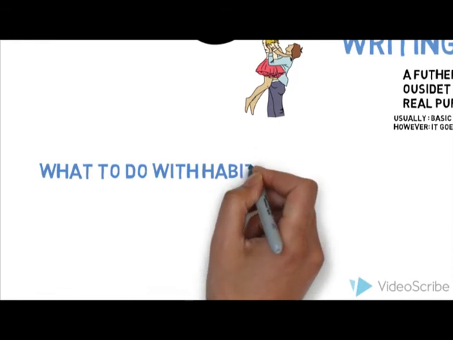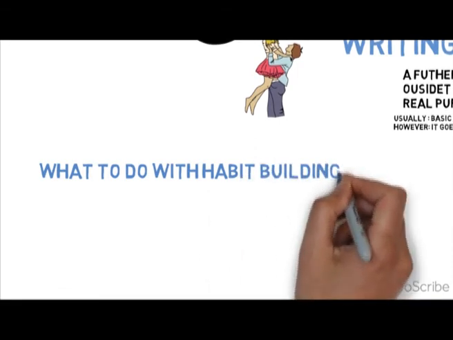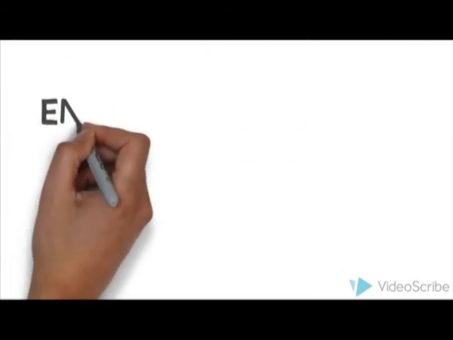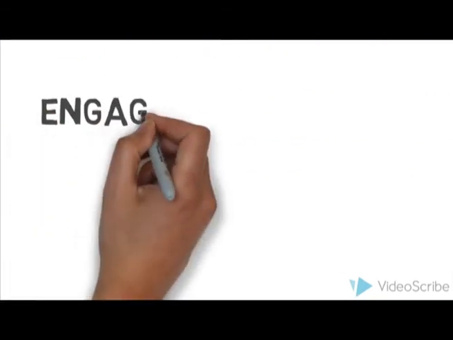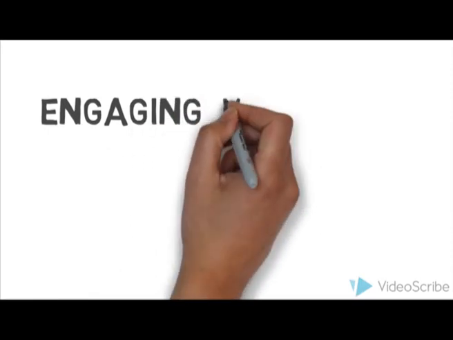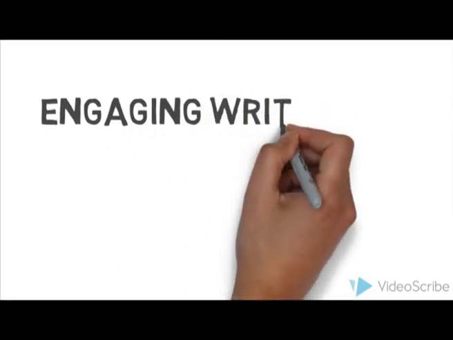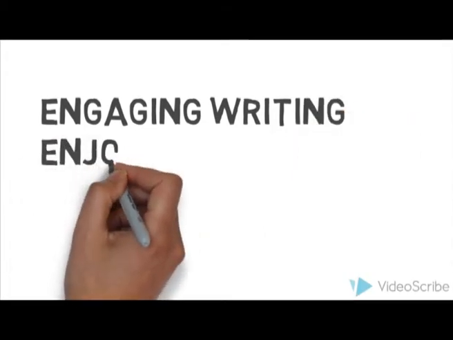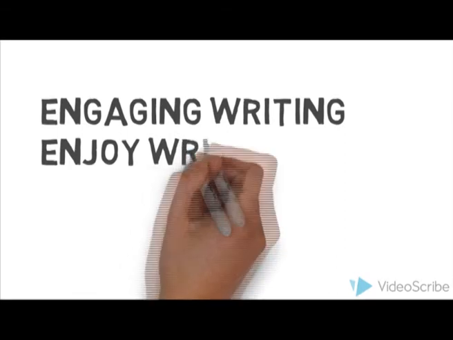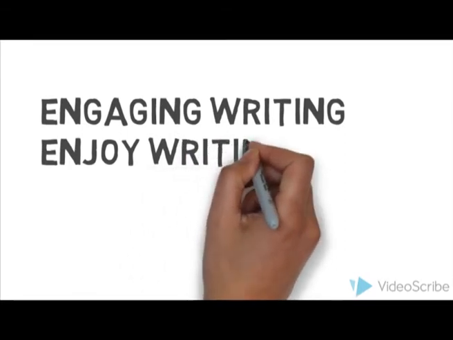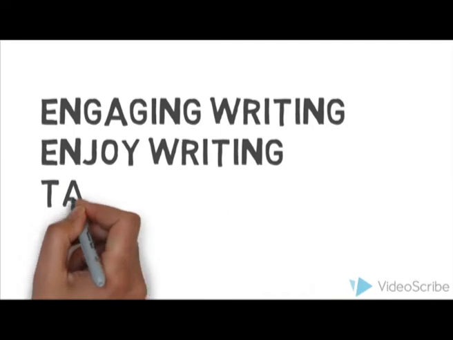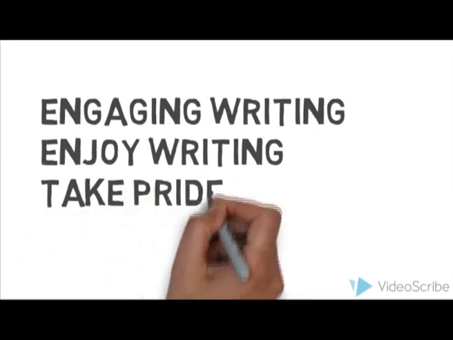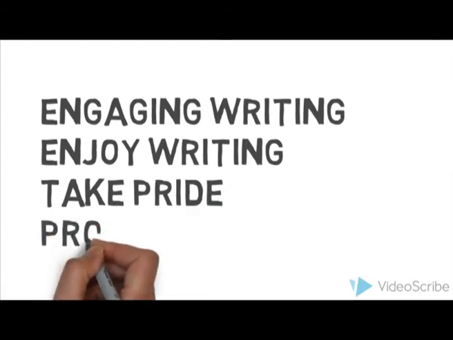But what happens when the writing habit is already built? Teachers can give students engaging writing tasks that will help them become fluent writers. The result of this is to let students enjoy writing. Teachers need to be able to help students enjoy their work and take pride in it.